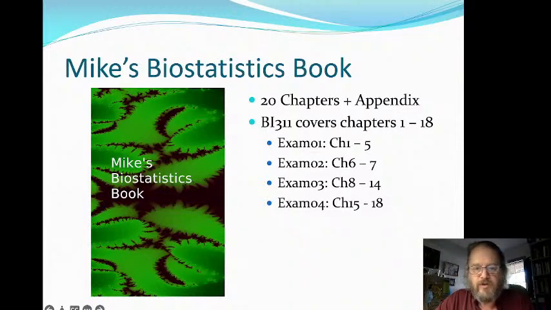Exam 2 is only 2 chapters, but they're pretty big topics. So chapter 6 is about probabilities and distributions, sampling distributions, theoretical distributions, right? And then chapter 7 introduces you to a significant component of epidemiology called risk analysis.